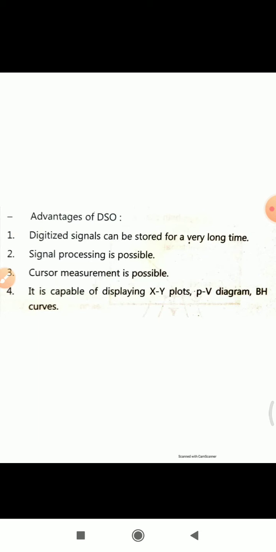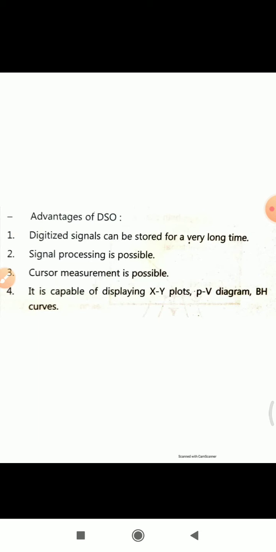Whenever a signal is stored in digital form, first of all it needs less memory compared to the analog signal. It is very difficult to store the analog signal because it has infinite values at every interval of time, whereas the digital signal is a discrete signal, and it is very easy to store for a very long time.